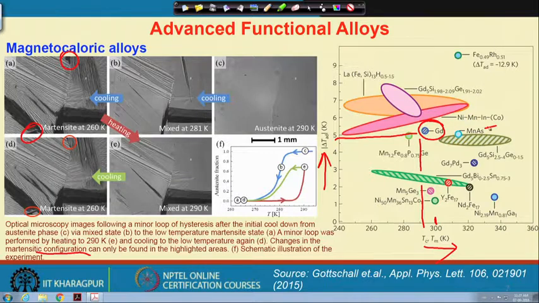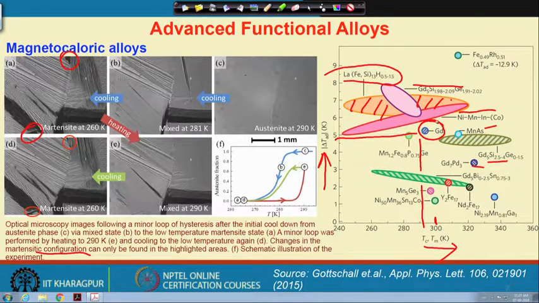Manganese arsenide and gadolinium based compounds all lie here, and the largest values are for gadolinium, silicon, germanium, which are conventional magnetocaloric, and let us say the inverse magnetocaloric alloys and so on. Also some rare earth based lanthanum based compounds have been discovered, which are also dominating in these areas.